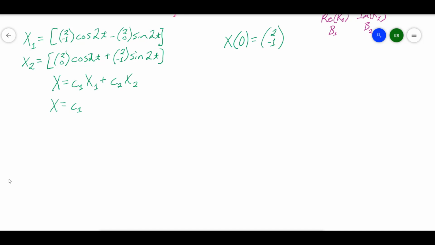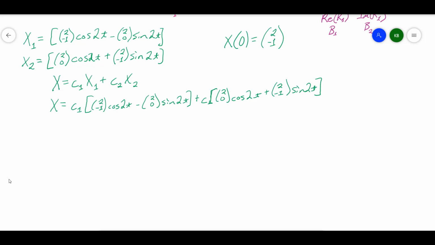Now remember, x1 is this whole thing of (2, -1) cosine 2t minus (2, 0) sine of 2t, and c2 times x2, and x2 is this whole (2, 0) cosine 2t plus 2 times (-1) sine of 2t.